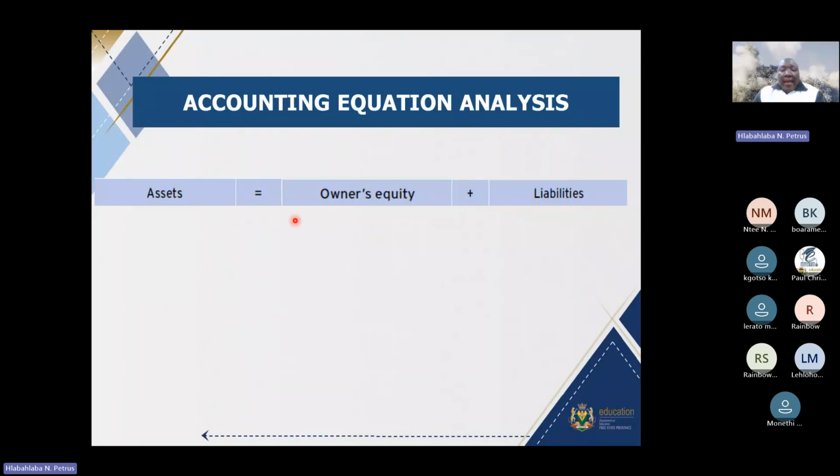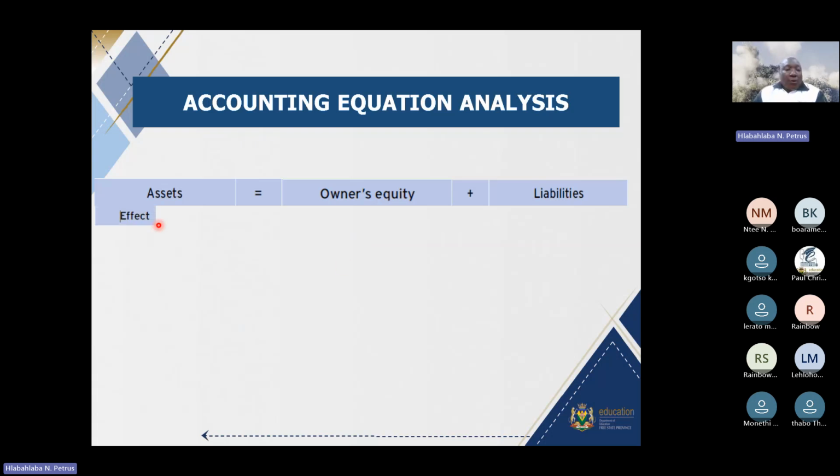This is the format of the accounting equation. You have to know this equation: assets is equal to owner's equity plus liabilities. When you add owner's equity and liabilities, they should give you the assets, meaning your equation will be correct.